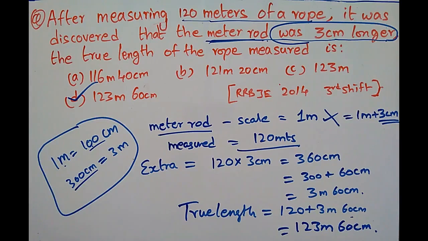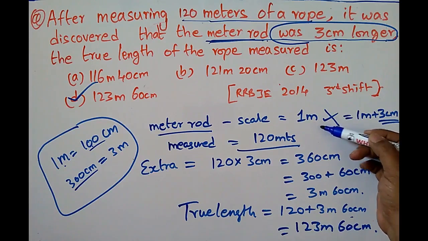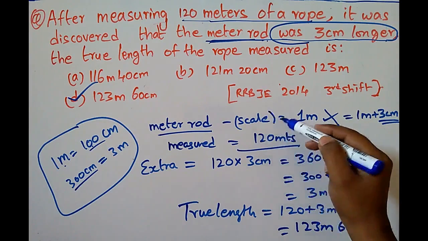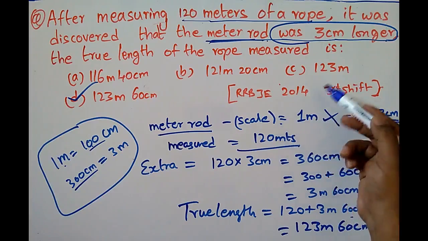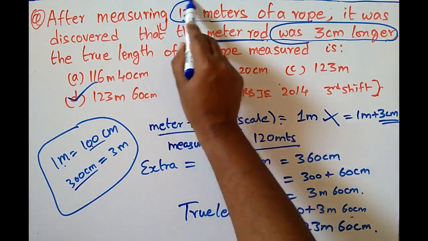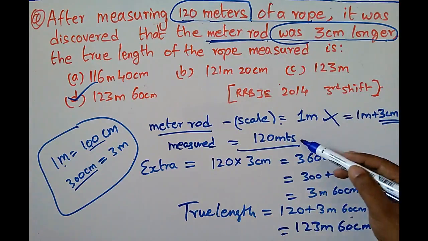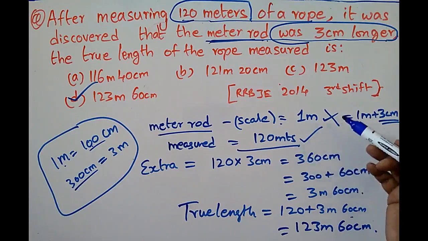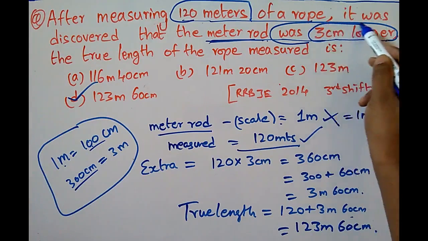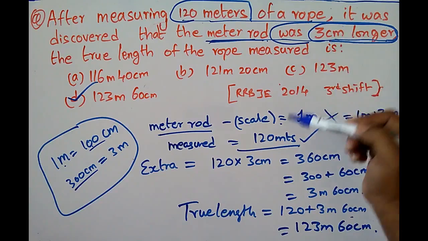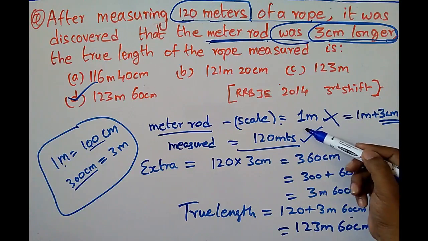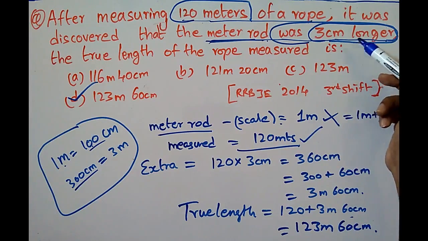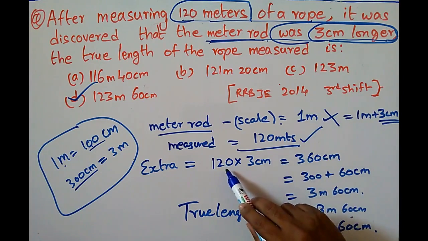Got it, friends? So there is a meter rod. It is nothing but a scale with which they are measuring a rope, and they have measured like 120 meters. And later they found that it was actually 3 centimeters longer. Which one? The scale. So if the scale is actually 3 centimeters longer, then we have to multiply how many times?